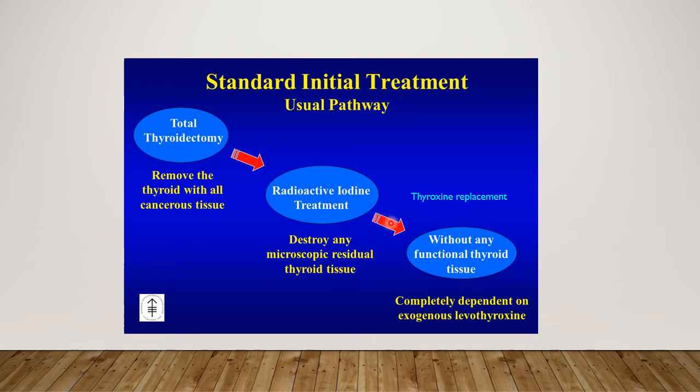This ablation will then leave the patient without any functional thyroid tissue in him, and he becomes completely dependent on exogenous levothyroxine. So it is important for this patient to be started on thyroxine replacement therapy for the rest of his life.